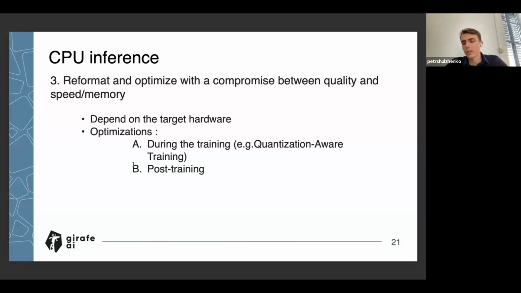So mostly you try to do post-training optimization first, and if the accuracy of the model is not sufficient, then you don't have much choice. You have to perform, for example, quantization-aware training.